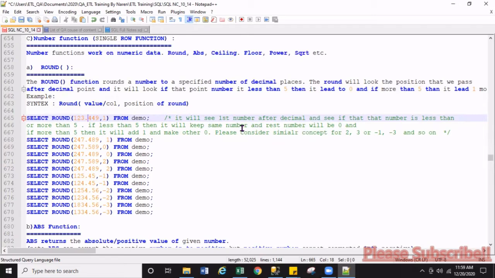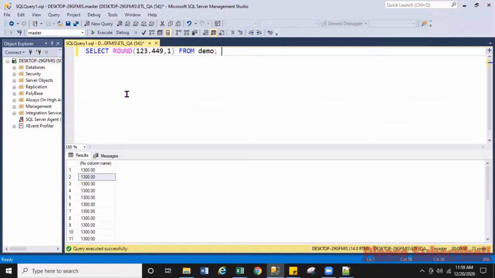Please consider a similar concept if I put the second position, the third position, minus one position, minus second position, minus third position, and so on. We have to focus on this position and this number. Let's run one by one and see. As I know this 4 is less than 5, it stays 4 and the other numbers become 0 0.